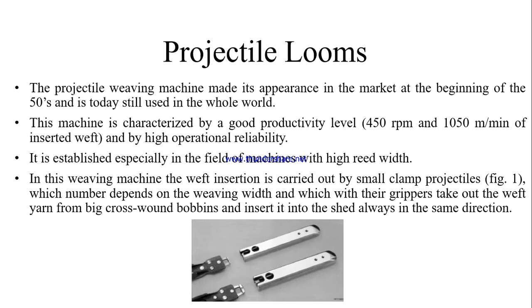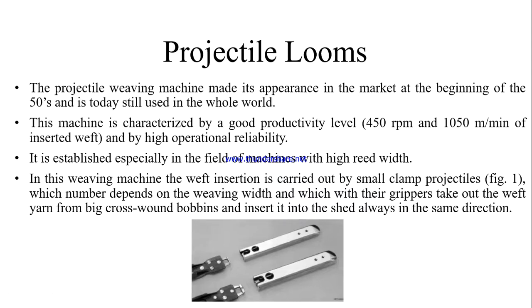Only one projectile will be used for insertion of the weft, and the other projectiles are just on the way to come into the proper position for the filling insertion. The gripper takes out the weft yarn from big cross-wound bobbins and inserts it into the shed, always in the same direction.